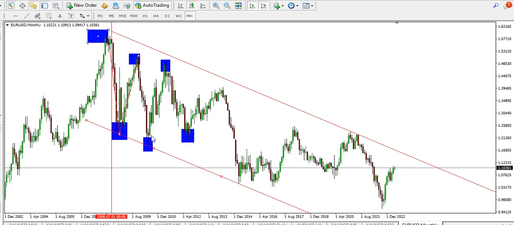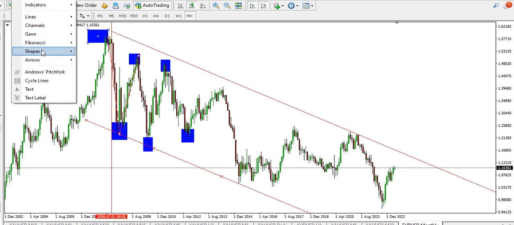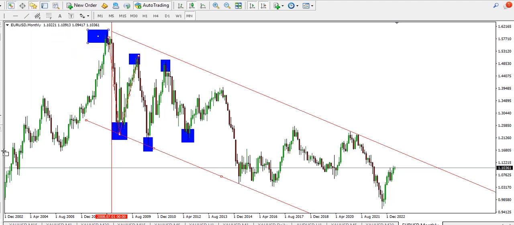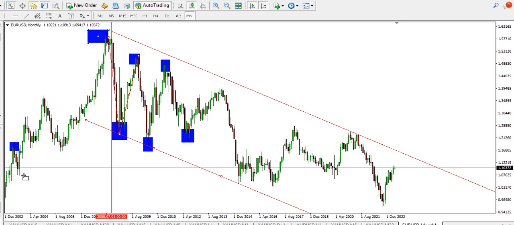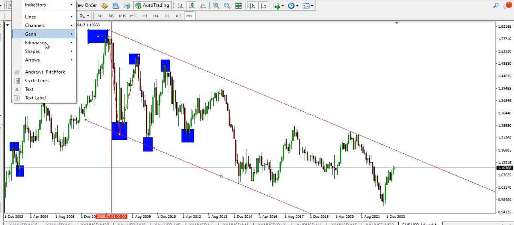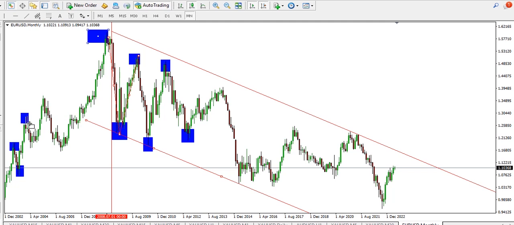But when you now have a high here, this is a high, and this is a low. This is a low, right? Now this is a higher high, in the sense that this very high is higher than this high.